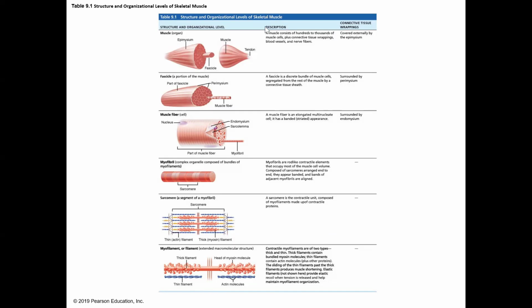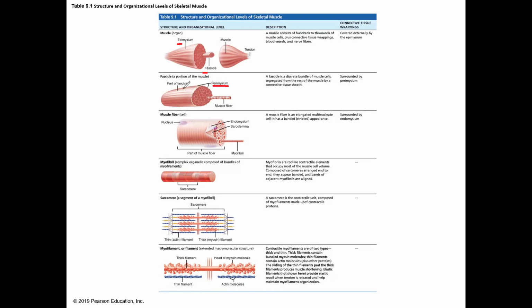So looking at the skeletal muscle, a little review. The outer connective tissue of a skeletal muscle is referred to as epimysium. The units pulled out of the skeletal muscle are referred to as fascicles. The connective tissue around the fascicle is referred to as perimysium.